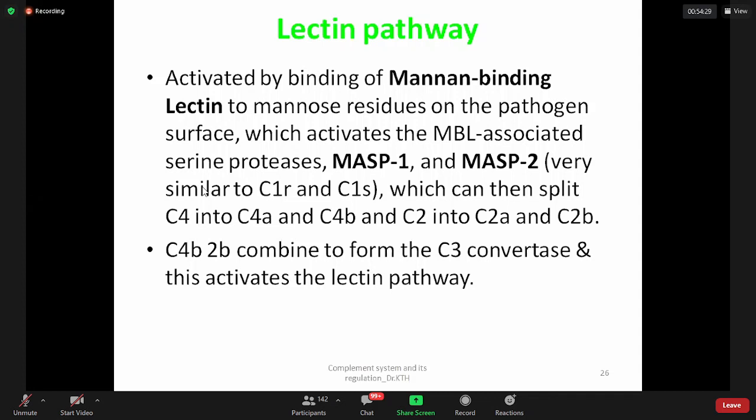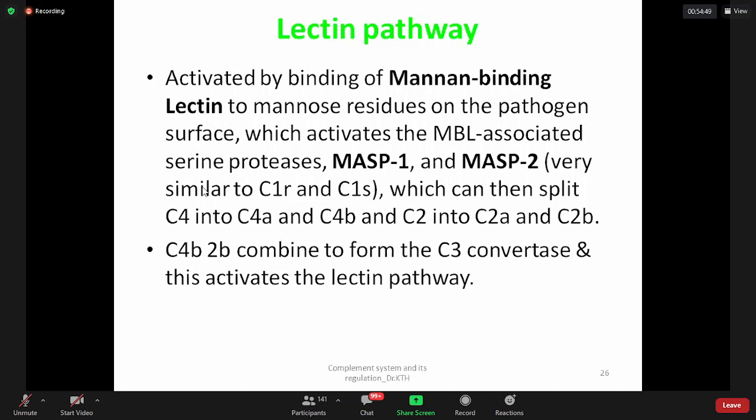So the mannan binding lectin will bind on these residues, and in so doing, activates mannan binding lectin associated serine proteases. These serine proteases are usually two. We have MASP1 and MASP2.